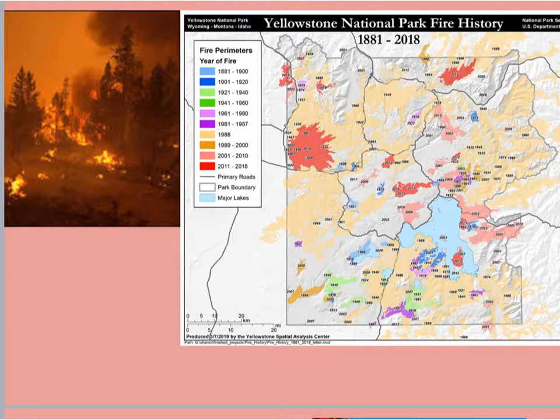Anything that you see in blue is a recorded 1881 to 1900 fire perimeter, and then as the years have increased, we now get to the 2011-2018 recorded perimeters. And hopefully you look at this diagram and you see one very important thing, and that is that over the course of the last 100 years, the actual area that has caught fire has increased.